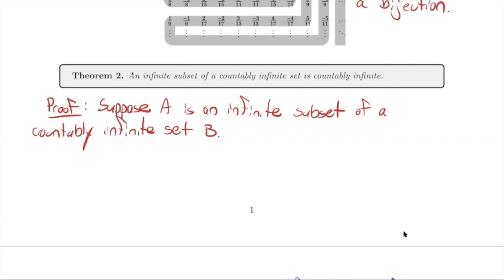That's right. And as a result of that bijection, what does theorem 1 tell us that we can do? That we can list all the elements of B? Yeah, so that's right. So since B is a countably infinite set, exactly.